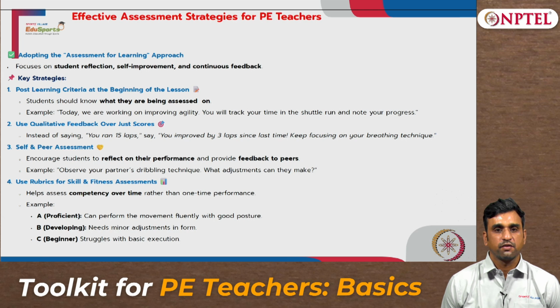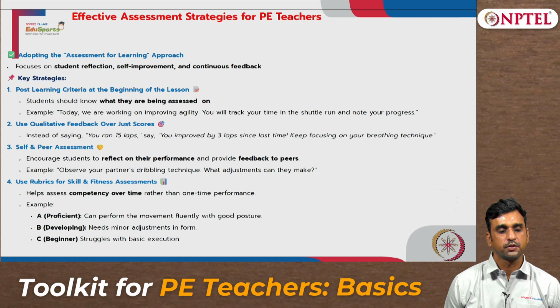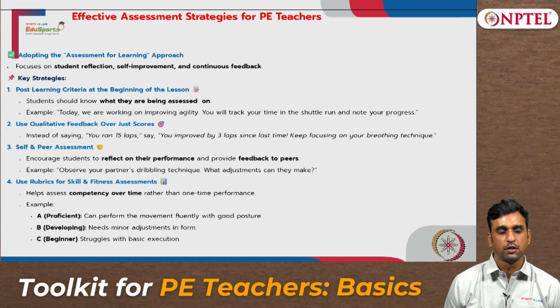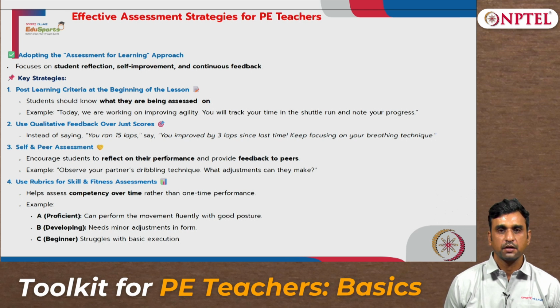Let's look at some of the effective assessment strategies in physical education assessments. We need to adopt an assessment for learning approach rather than an assessment for grading approach, which focuses on student reflection, self-improvement, and continuous feedback. A key strategy is to post learning outcomes, learning targets, or learning criteria at the beginning of the lesson.